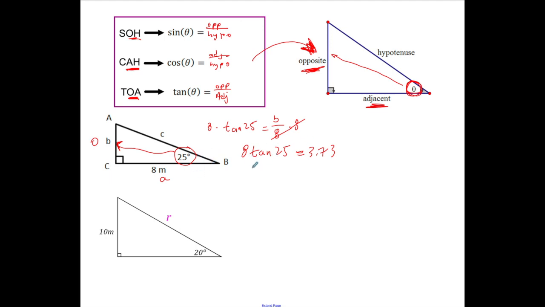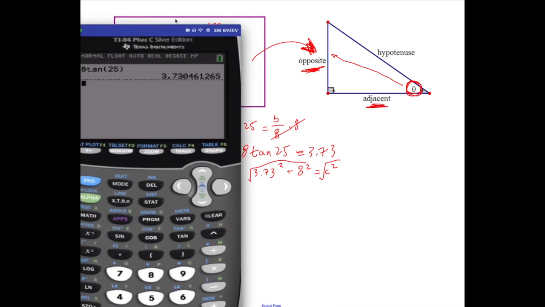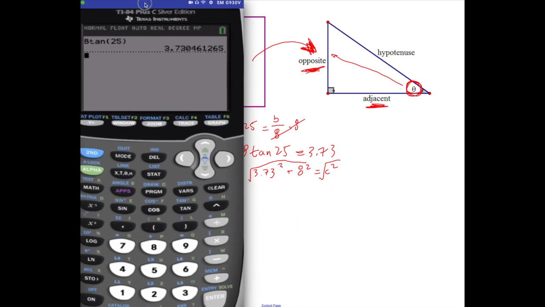Now if I want to find C, I can just do the Pythagorean theorem. I know that B is 3.73. So 3.73 squared plus 8 squared equals C squared. So remember, I just do this to find C. I have to actually do it in the calculator here. We'll do 3.73 squared plus 8 squared and put that into the radical.